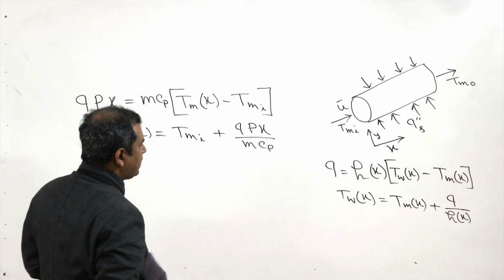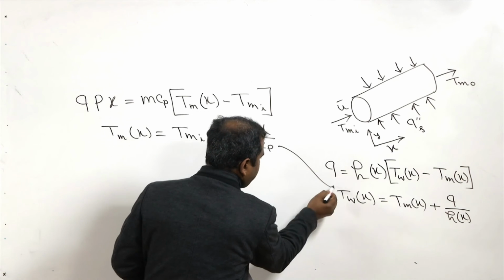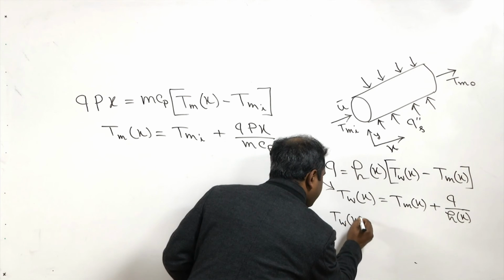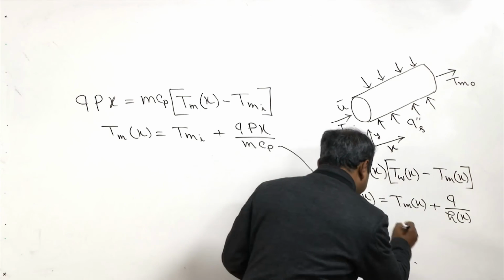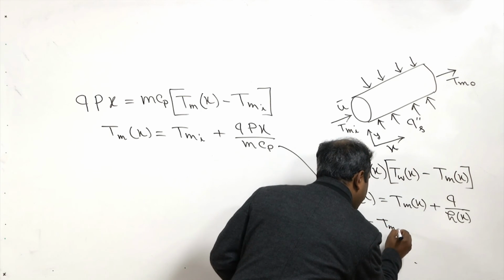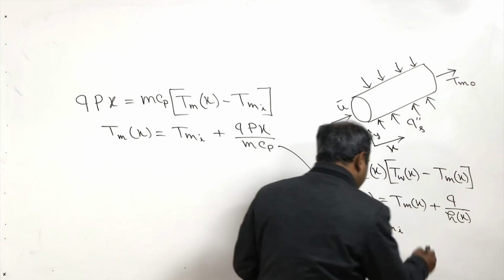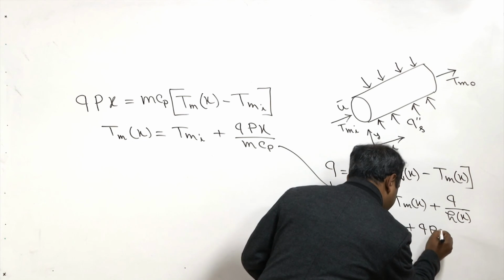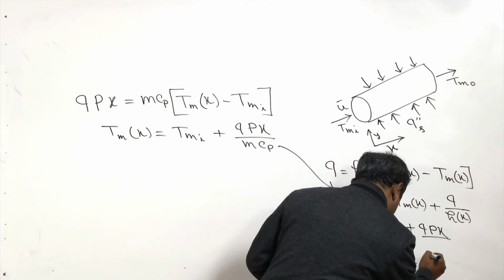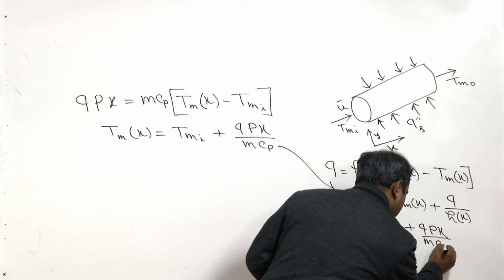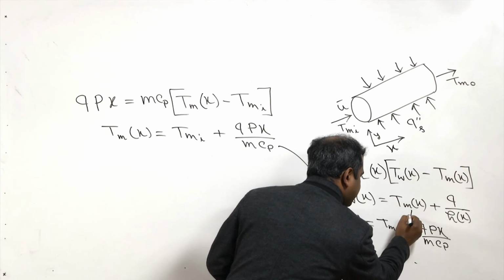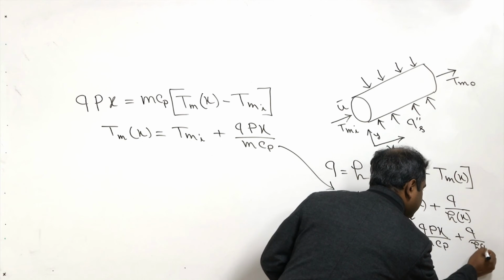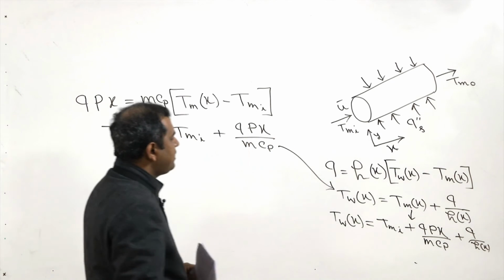If we put the Tmx from here to here, then I can get Twx is equal to Tmx replaced by Tmi plus QPx by mCp, plus Q by Hx. So, this we can write down.